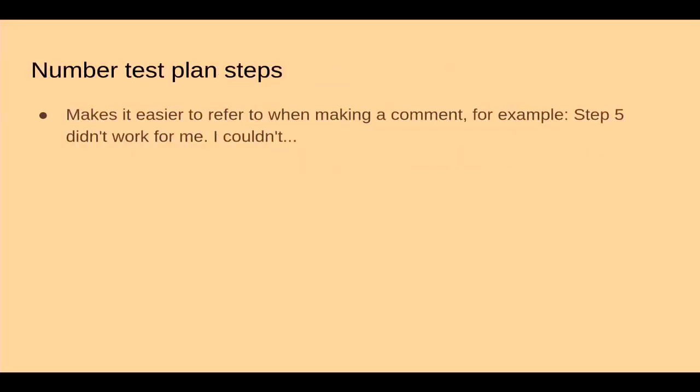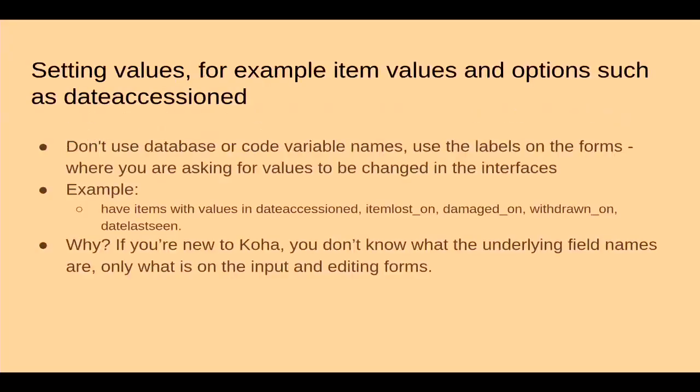I like test plan steps to be numbered, because then I can say, this step didn't work. And sometimes when you have to set some values in various forms, because developers are changing the code, they put the field names or the database field names, but sometimes they don't.